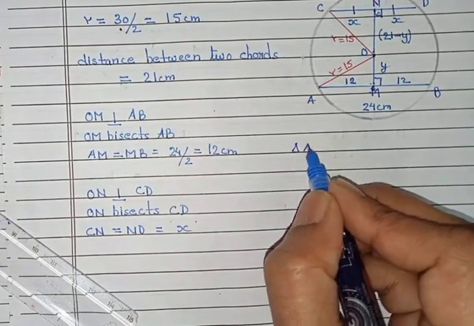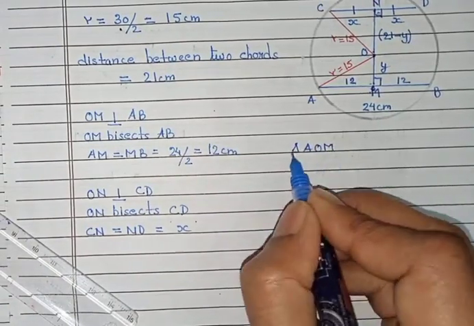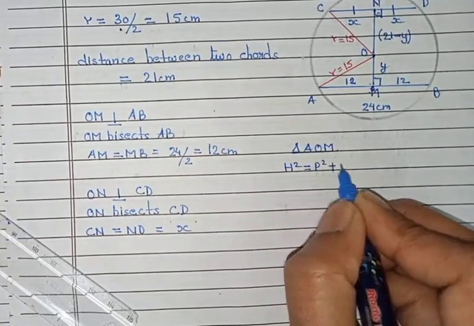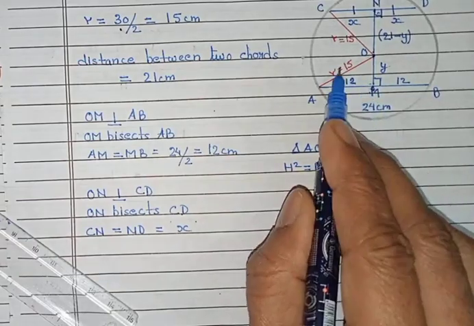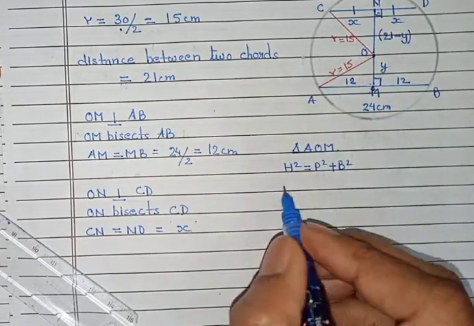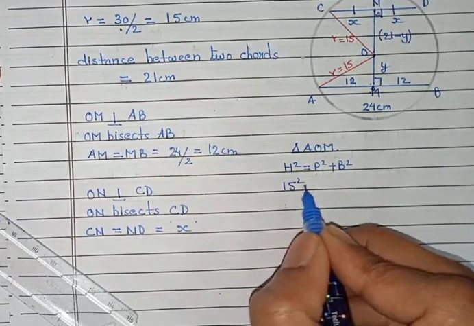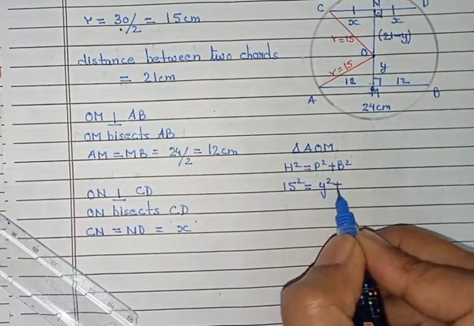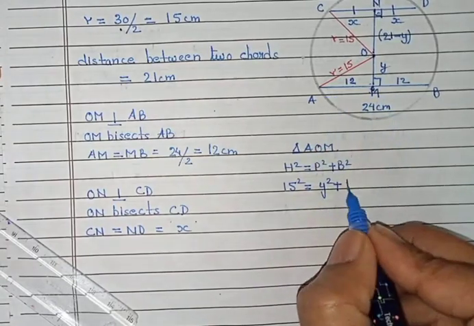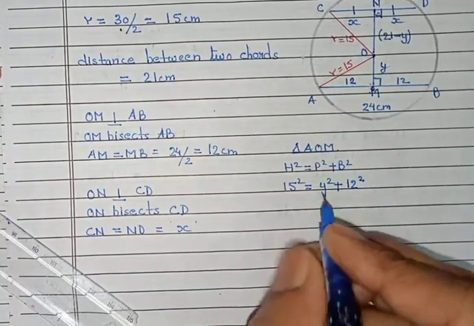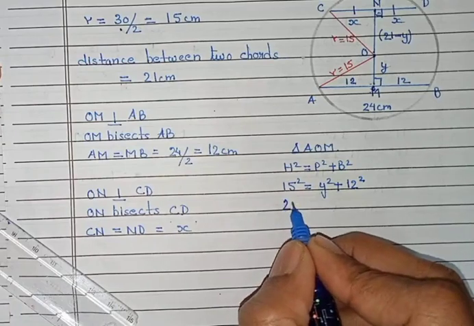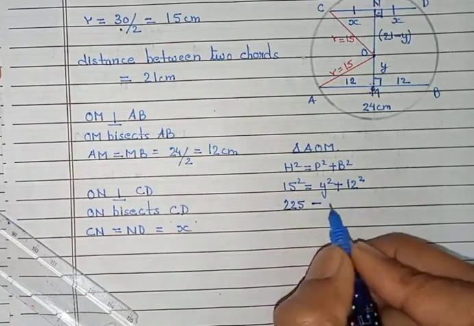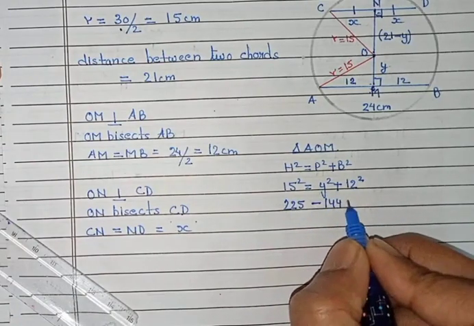So in triangle AOM, we will be applying the Pythagoras theorem. Hypotenuse is this radius 15. Perpendicular is OM, that is Y. Base is 12. So this will give you 225 minus 12 square will give you 144.